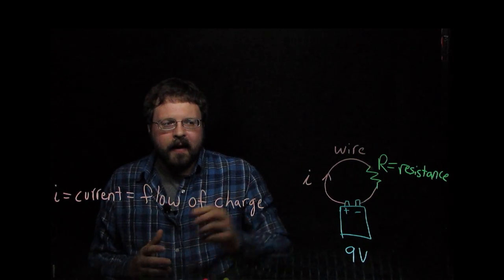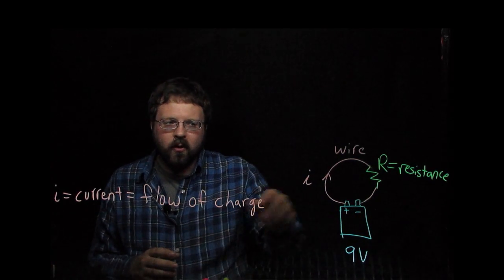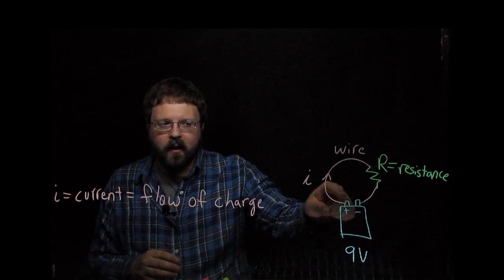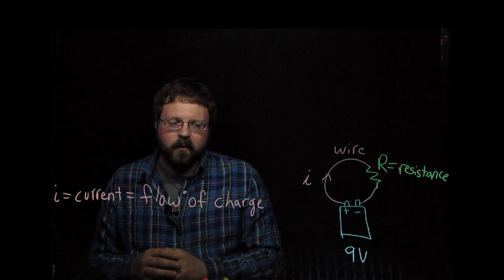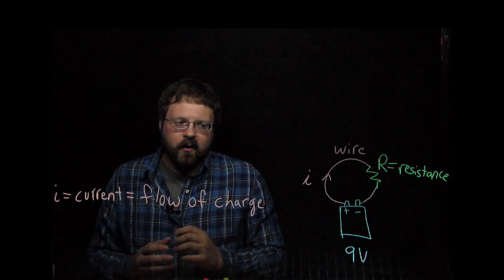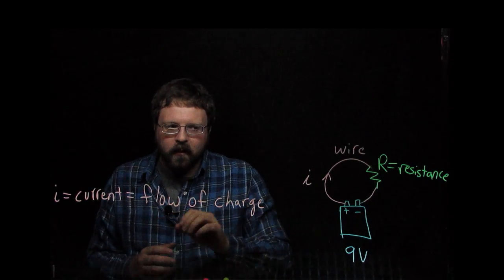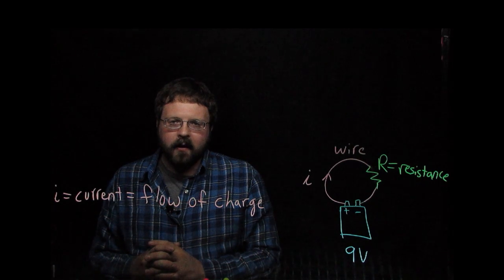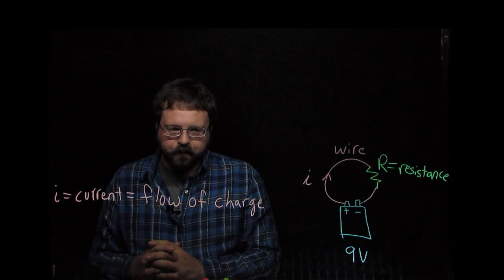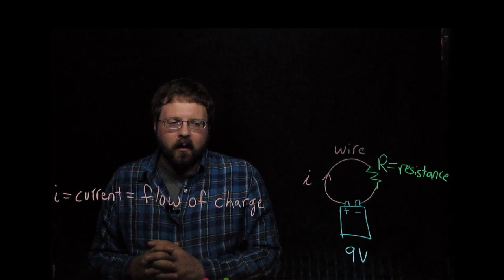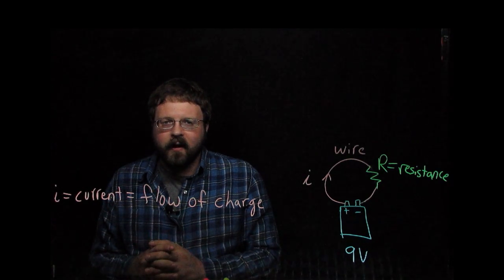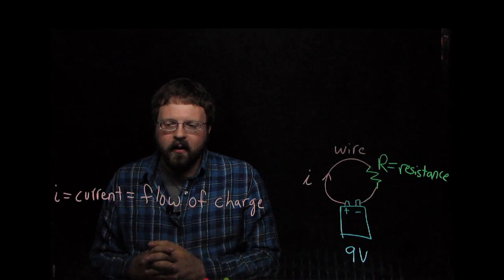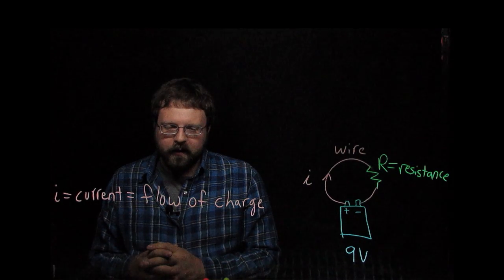Normally that can't happen if there's nothing connected to the battery, but of course, like we talked about, when you hook up the wire, then they're able to reconnect. The voltage is what's pushing them through to make that reconnection of the positive and negative charges. And so 9 volts is a characterization of how hard they're pushing to get back together.